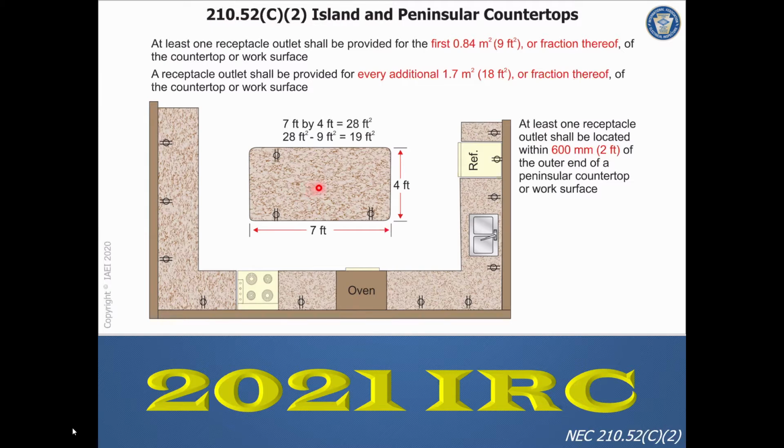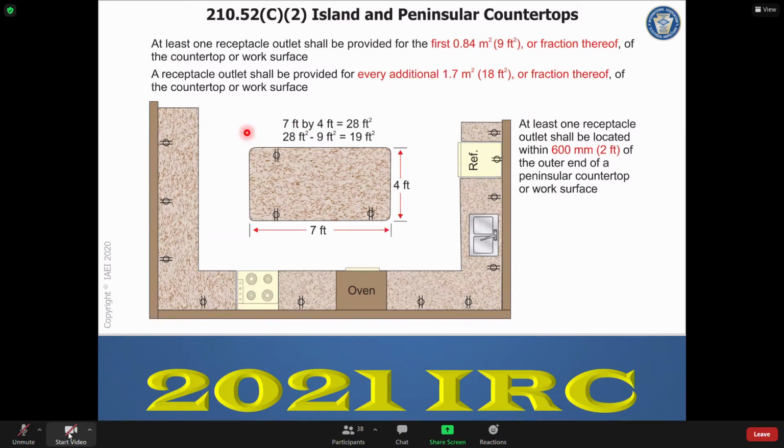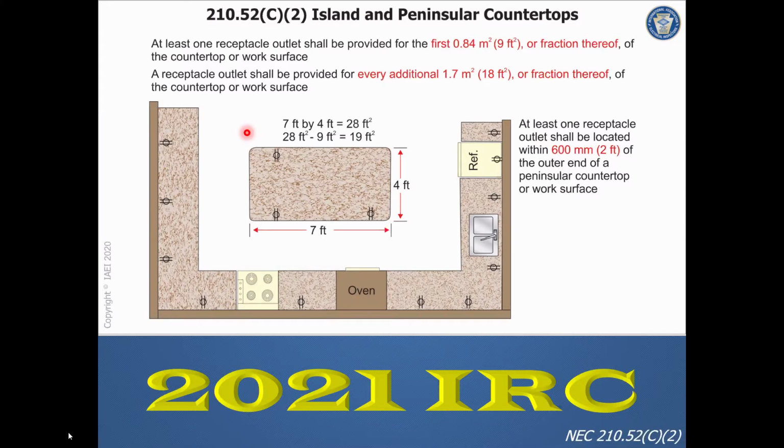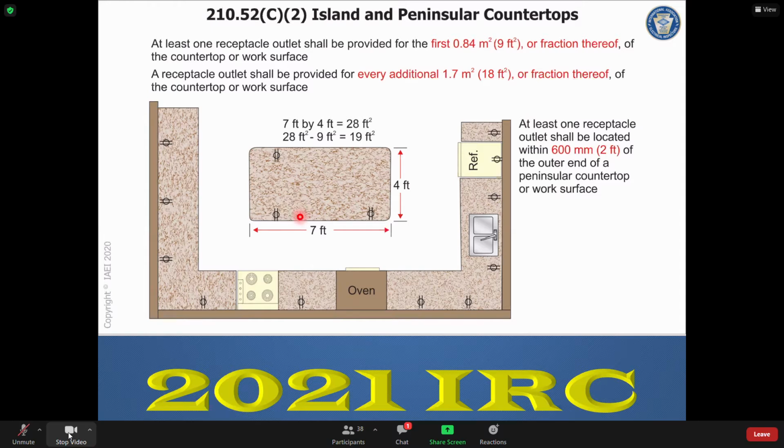Now, there's also language here that says as far as the location of those receptacle outlets, it can be up to the designer, building owner to determine the location. Per code, if you wanted to put a receptacle outlet right there, another one right there, and another one right there, you'd satisfy this rule. Now, I don't know why you would want to bunch those up like that.